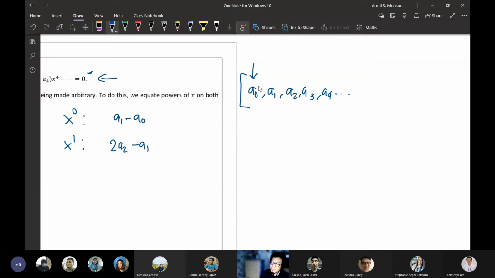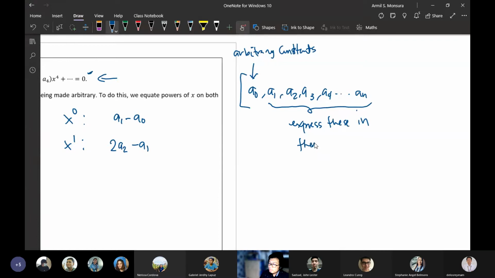Okay. Now, since A0 is now our arbitrary constant, we now have to express A1 up to AN, lahat yan, in terms of A0.